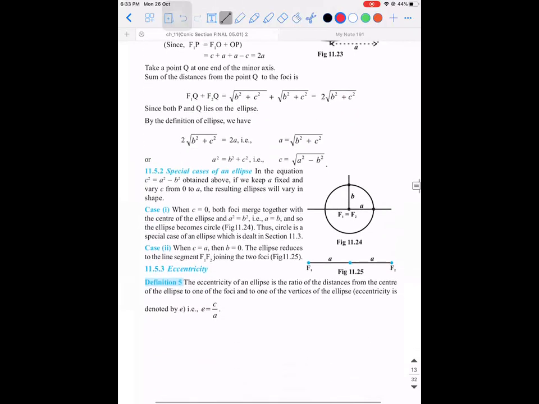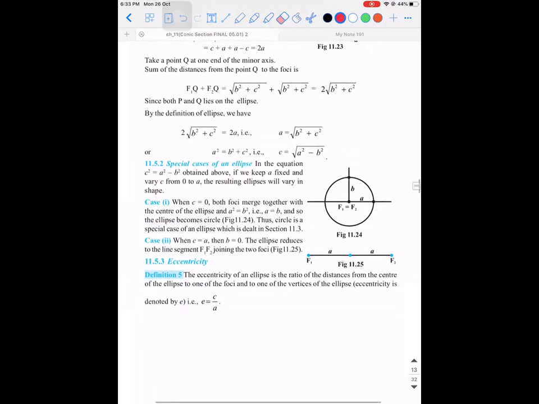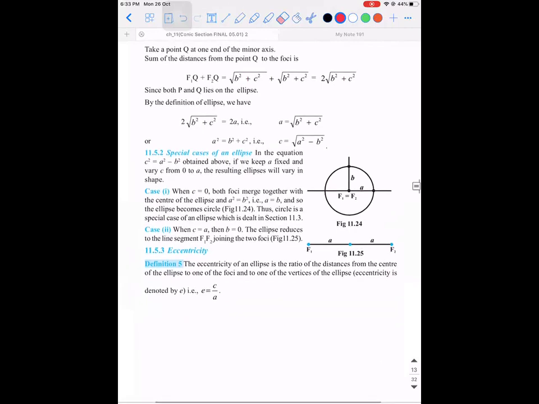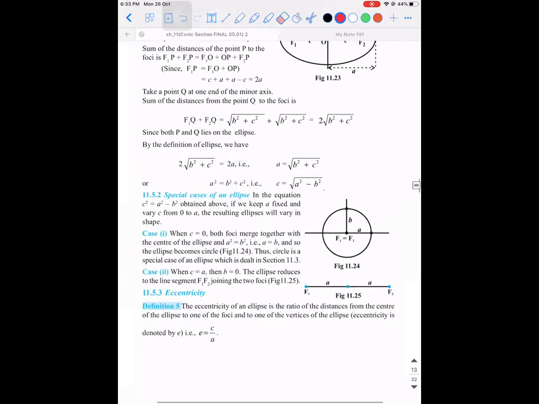Here it is given, see, eccentricity is given here. So I will show you what it is. Listen.